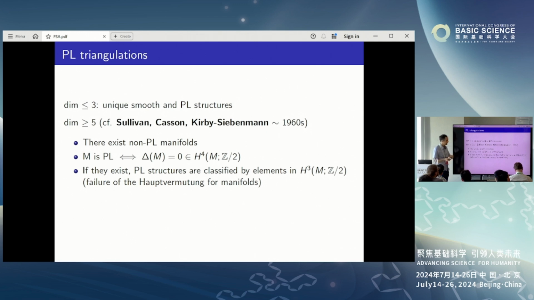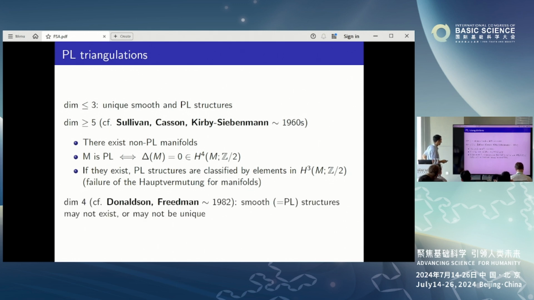And this was another famous conjecture, the Hauptvermutung. People thought that if you have any two triangulations of the same space, you can subdivide them, and then they become homeomorphic. But that's not true. It follows from this. And in dimension 4, again, such things exist.